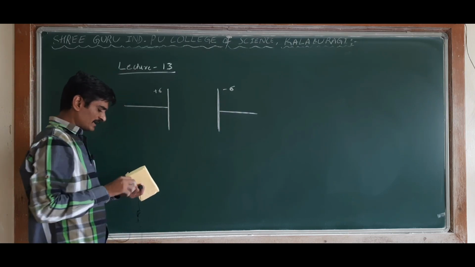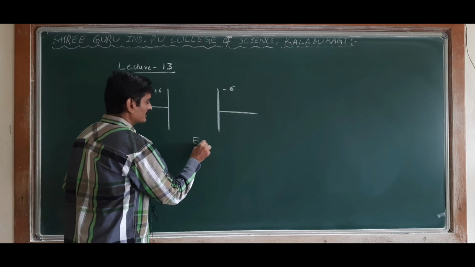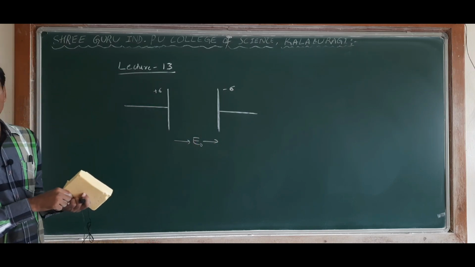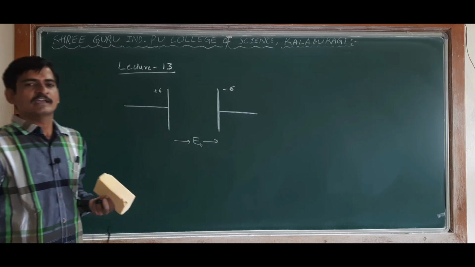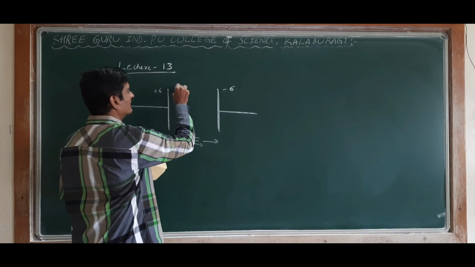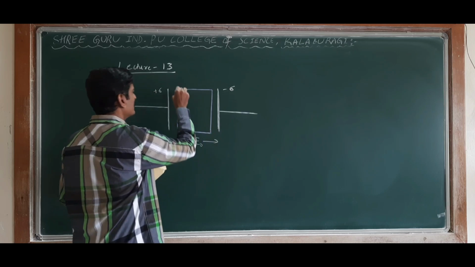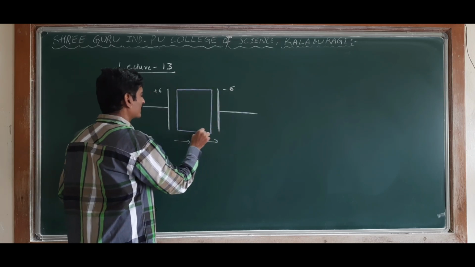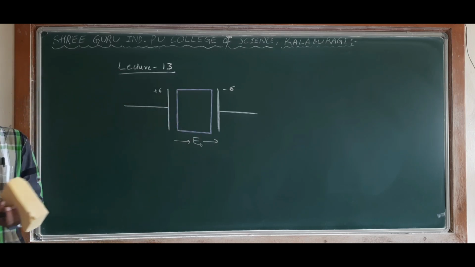The applied electric field E naught is in this direction, when air or vacuum is there. Now when a dielectric medium of dielectric constant K is placed in between these charged plates, the dielectric gets polarized.